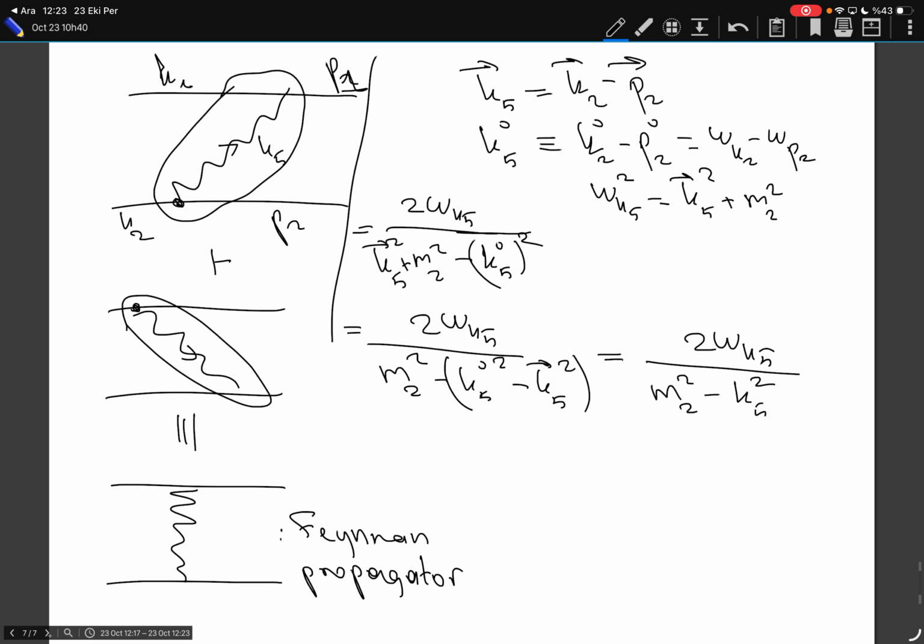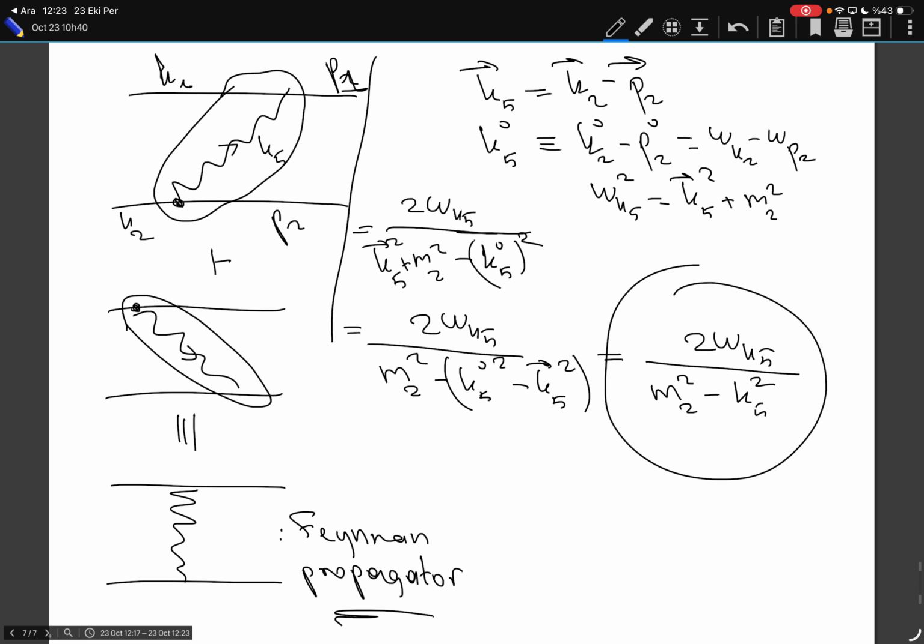Remember, 1 over En minus Ei is what we call the propagators. There are two terms with different propagators there, but except for the propagators themselves, everything else was the same, so we can just sum those two propagators. When we sum those propagators, we obtain what is called the Feynman propagator, and the Feynman propagator for this particle turns out to be this factor, 1 over m2 squared minus k5 squared.